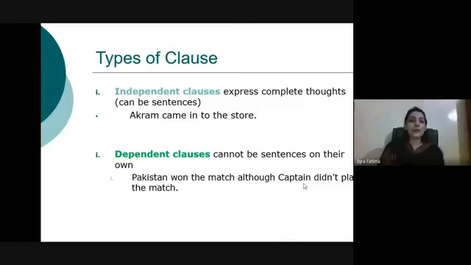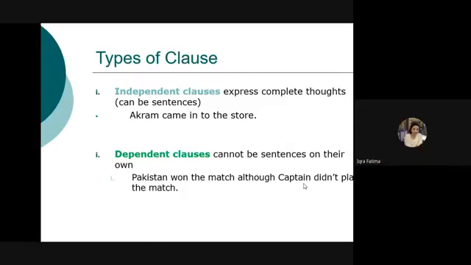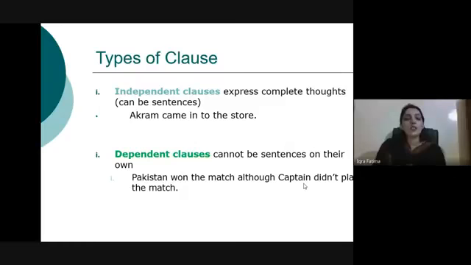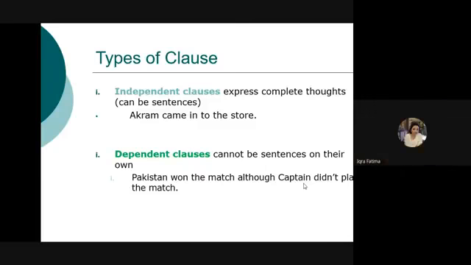Here, although captain didn't play the match is a dependent clause because it is not giving you a complete meaning. It is dependent on some other clause. Although captain didn't play the match, the meaning is missing. This is not a complete sentence. So, in order to complete this dependent clause, you need an independent clause: Pakistan won the match.